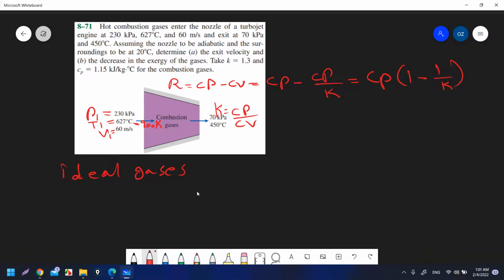And at exit, P2 is equal to 70 kilopascal, and T2 is 450 degrees Celsius, or 723 Kelvin. Assuming the nozzle to be adiabatic. Now we have a question with an adiabatic nozzle, so there is no heat transfer. In the previous two questions there was heat transfer.